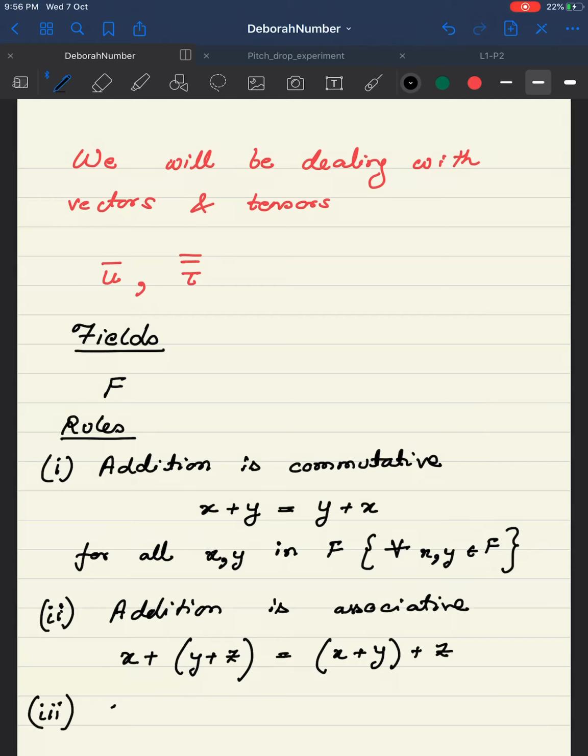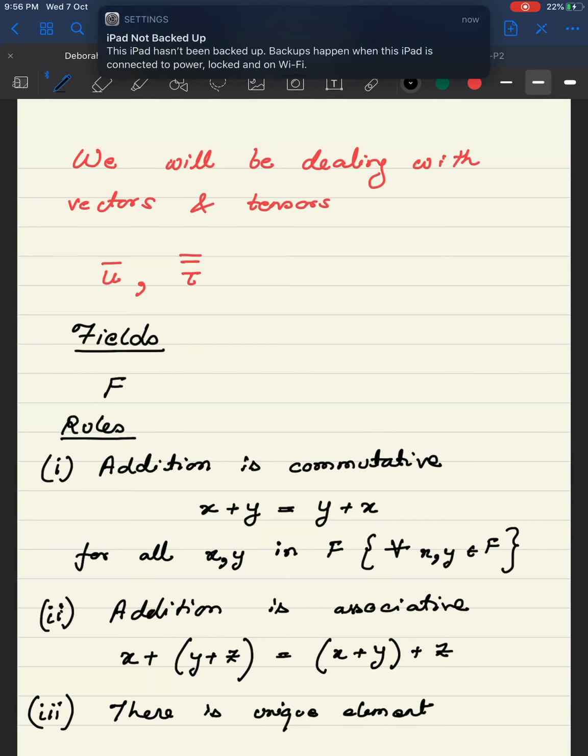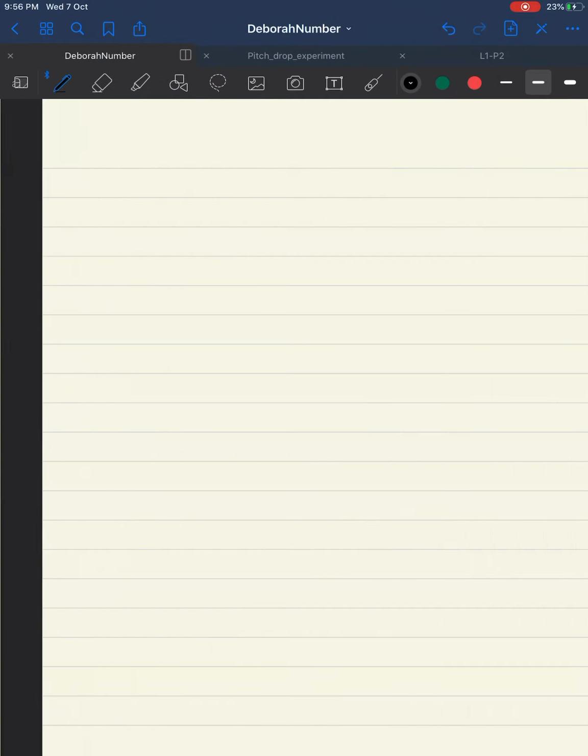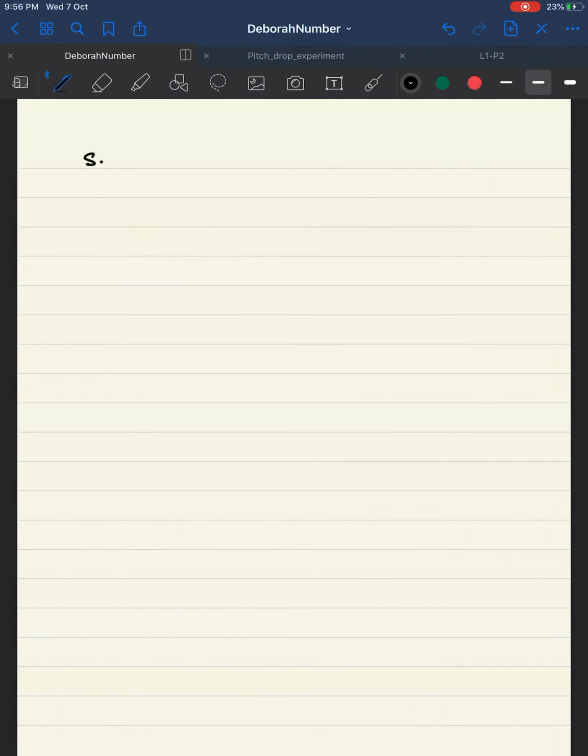There is a unique element which we will call 0 in F, such that x plus 0 equal to x, again for every x in F.